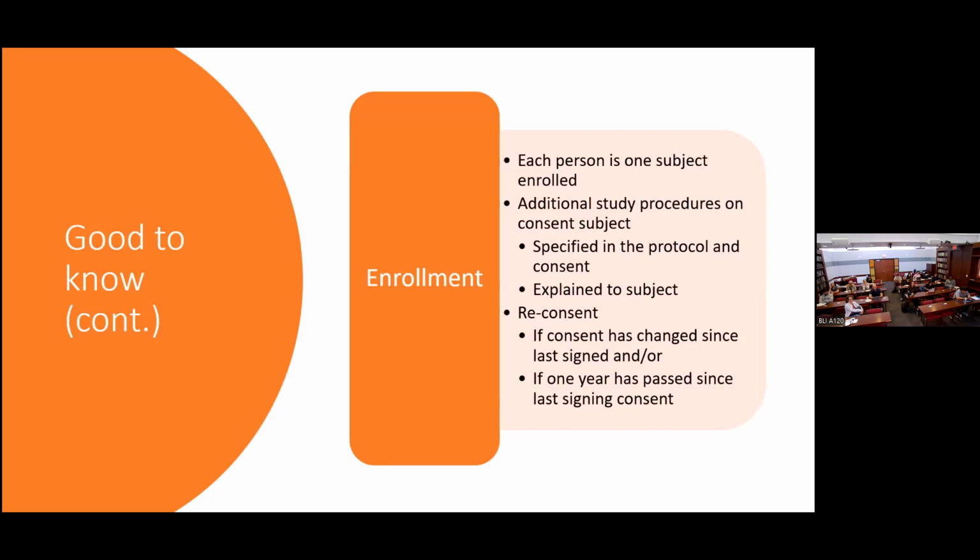But if you bring me back any time before that, I don't need to sign the consent form again, unless in that time frame there was an amendment to the protocol or to the consent form. And you need to make that very clear to the subject, whichever area was amended, so they know.